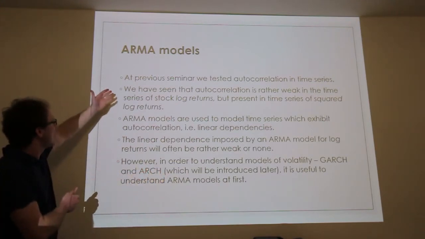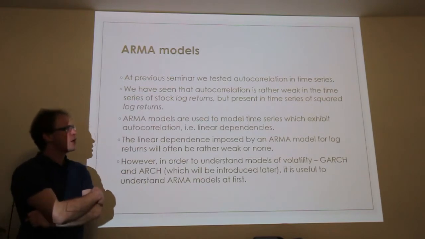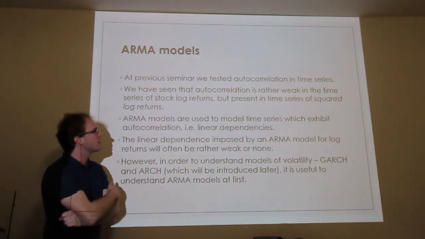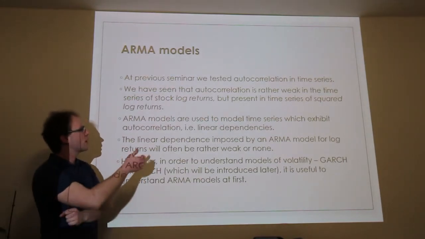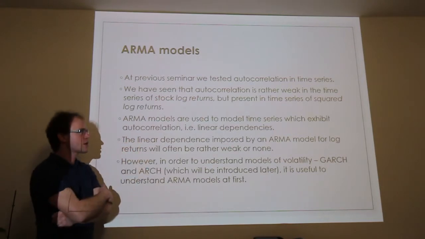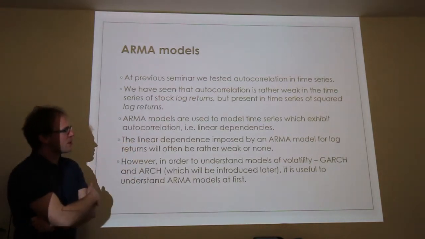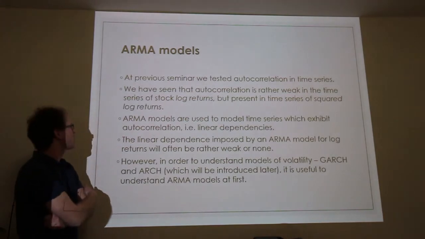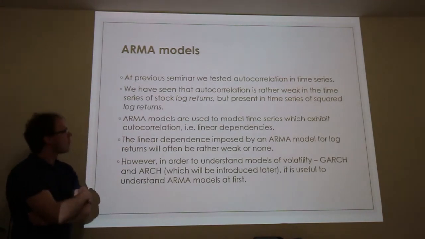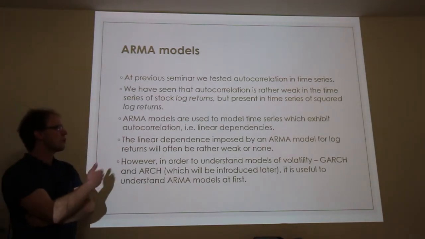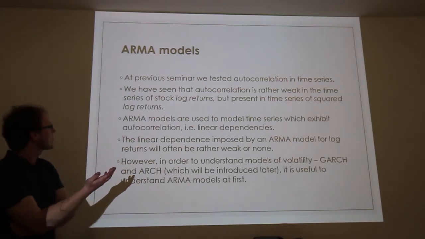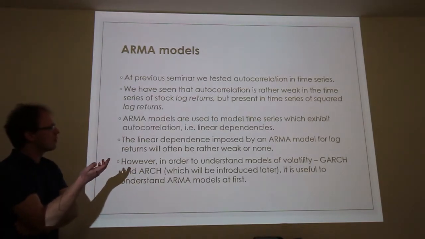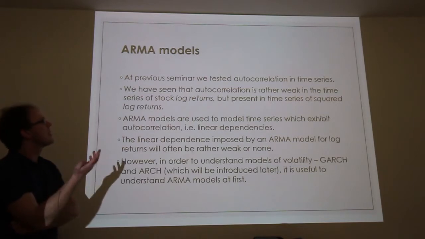Yes, we have seen that autocorrelation is rather weak in the time series of stock log returns, but present in the time series of squared log returns. ARMA models are used to model time series which exhibit autocorrelation. It means linear dependencies.